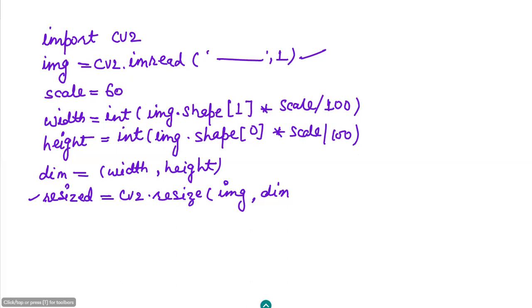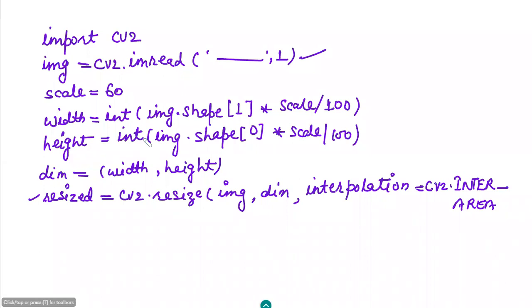After this, one more attribute, that is interpolation, cv2.INTER_AREA. You write this in capital letters.